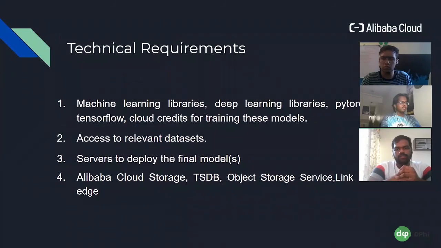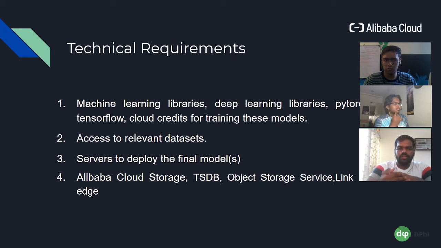TSDB is the time series database, which is especially designed by Alibaba Cloud for storing IoT data, because it has high speed read and write properties. And Object Storage Service is a storage service where you can store any item such as images, video files, anything. We plan on using it for storing our images, and retrieving them whenever required.